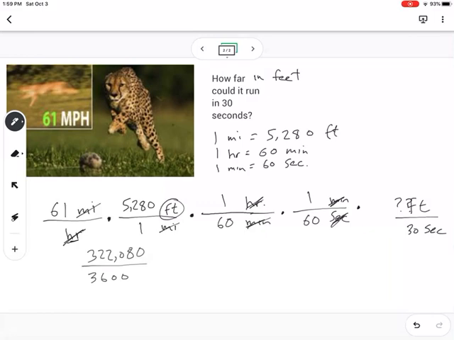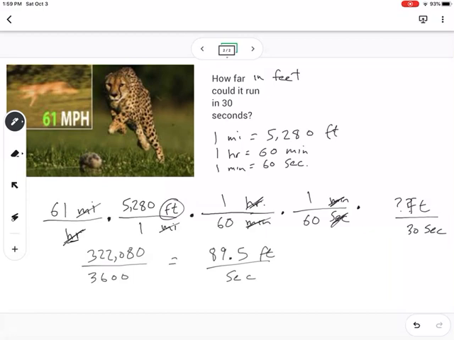Now we need to do that math. 322,080 divided by 3,600 equals 89.5, rounding that, feet per second.